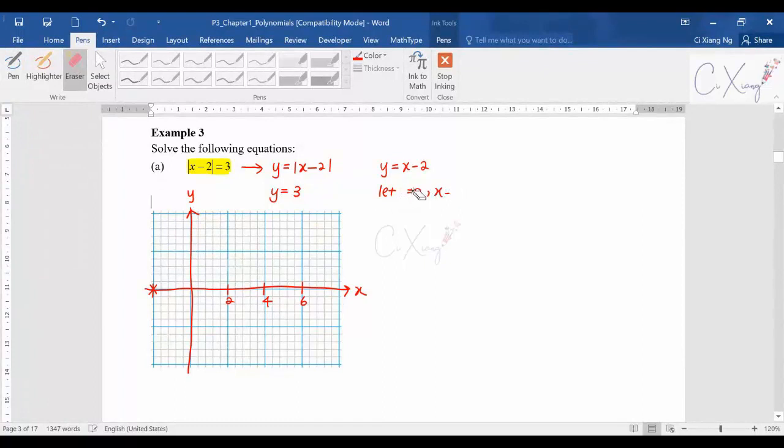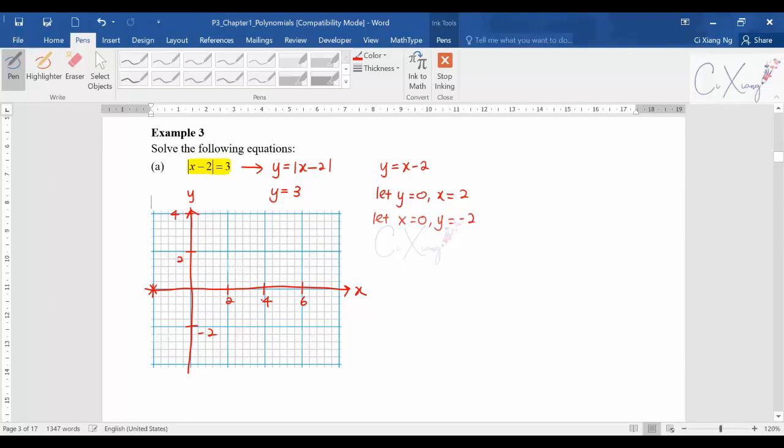Sorry for that. So you let y equal 0, you get x equals 2. Then if you let x equal 0, your y is negative 2. So I will make this negative 2, this is 2, and this is 4.